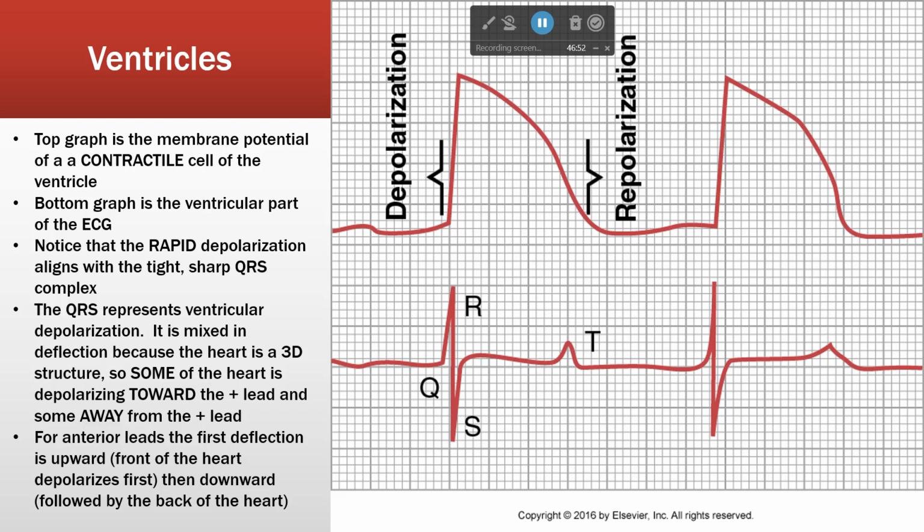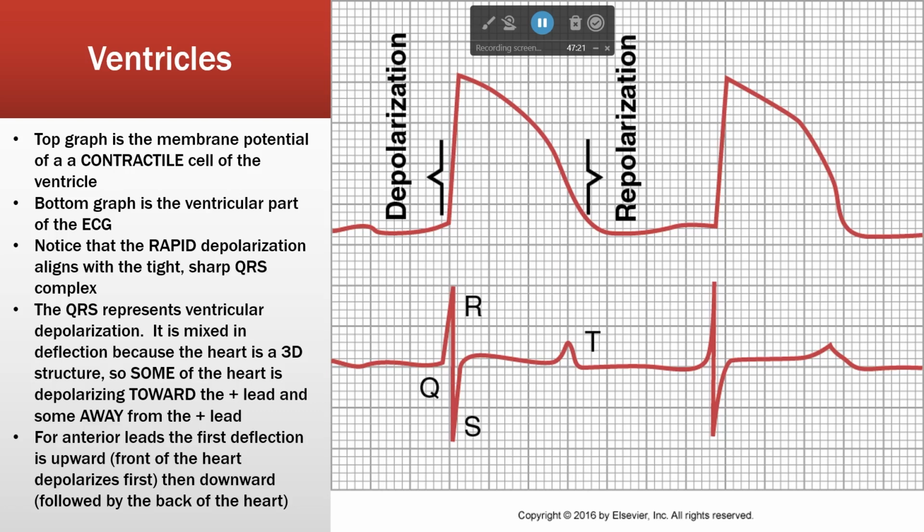On the bottom, ventricular only, that's where my P wave went. This is what we would see in the conducting system. So we would see fast QRS, T, fast QRS. The QRS is going to line up with the depolarization of the contractile cells. And then the repolarization, the downstroke, you can see that it lines up with the T wave.